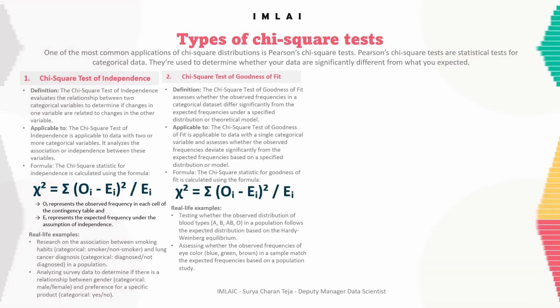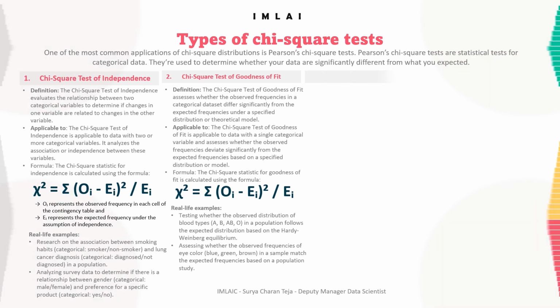In these examples, the chi-square test of goodness of fit would help determine whether the observed frequencies deviate significantly from the expected frequencies, indicating a potential discrepancy between the observed data and the specified distribution or model.